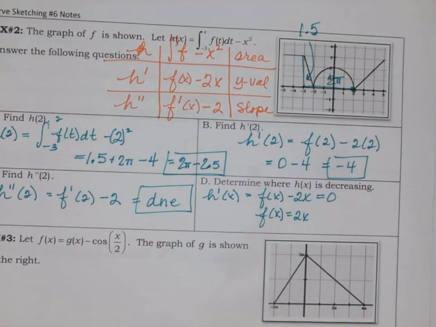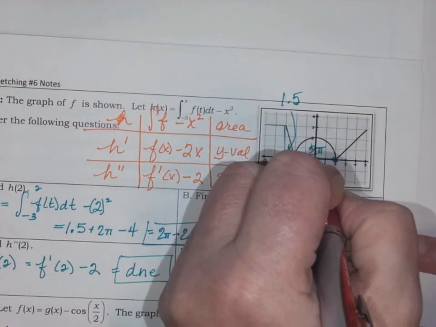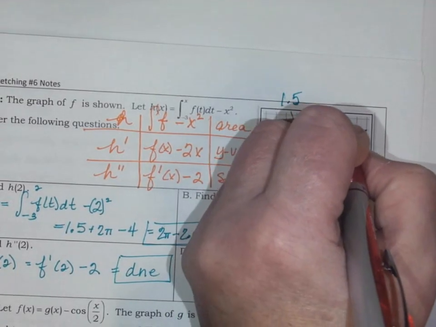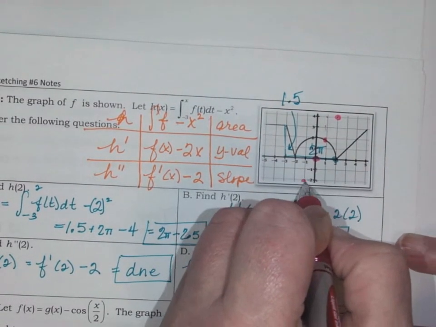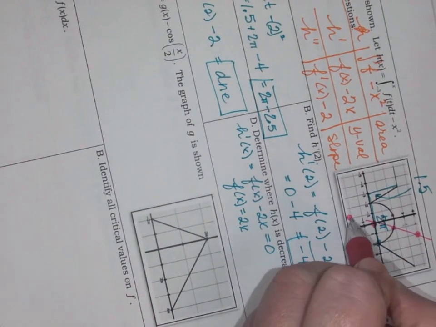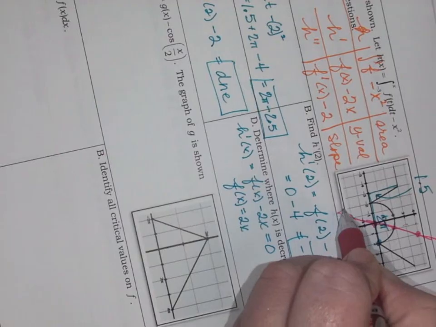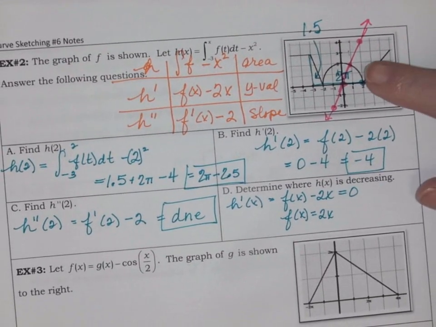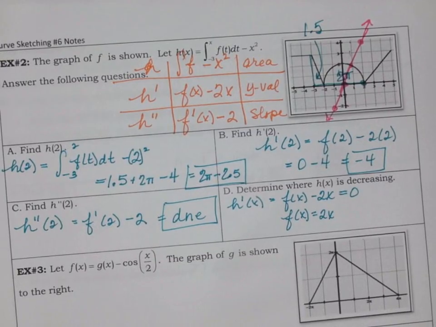Okay, so if I graph the line y equals 2x on here, 1, 2 here, 1, 2 here, 1, 2 here, that's that line right there.